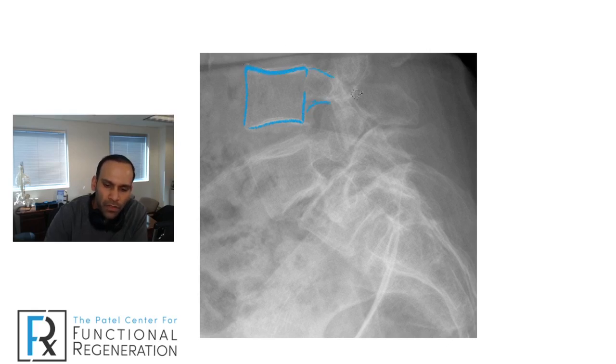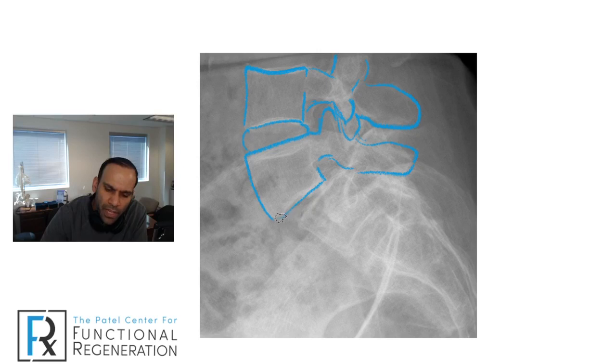This is going into where the facet joint is, and this is the spinous process. This is the facet of the lower vertebral body here. This is L5. I can't really see the spinous process there, but trust me, it's there. And this is where the disc would be right here.